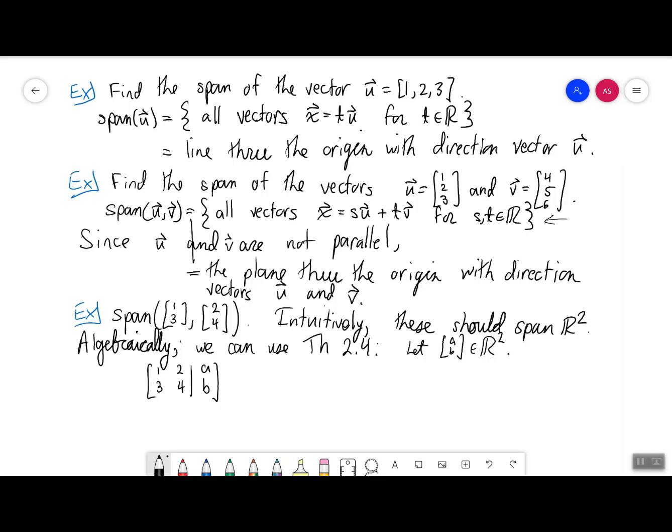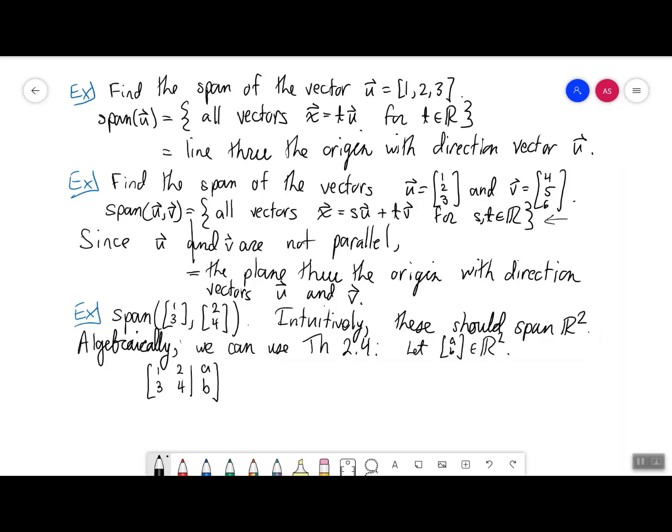And I want to show that this vector is a linear combination of this one and this one. That's the definition of span. So I can use theorem 2.4 to do so. I start by putting (1, 3) and (2, 4) into the columns of a matrix with (a, b) on the augmented part. Then I can use row reduction.